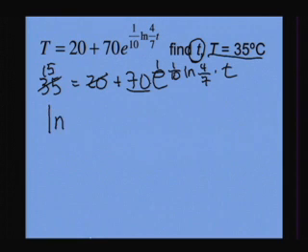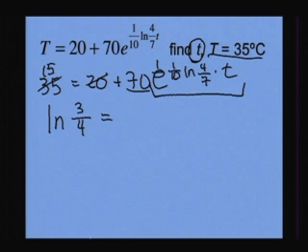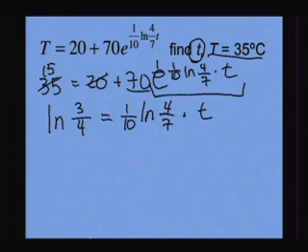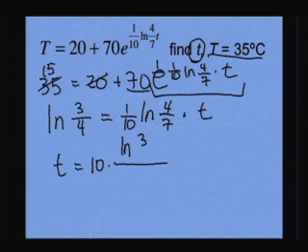So I have the natural log of 3/14 is going to equal, again, when I take the natural log of this side, I simply bring down the exponent, 1/10 the log of 4/7 times t. So t will be equal to 10 times the log of 3/14 divided by the log of 4/7.